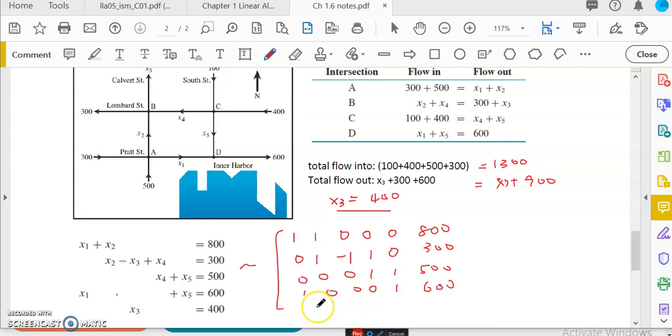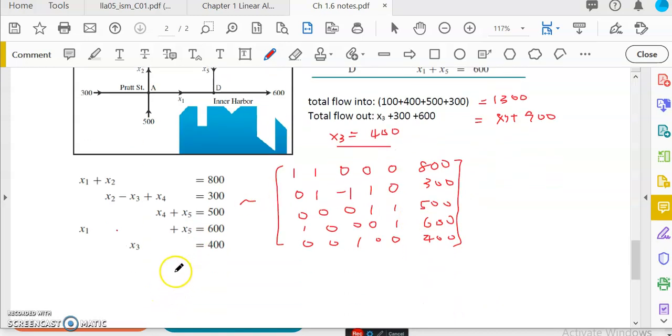And the last one is just x3, right? 0, 0, 1, 0, 0, 400. Can you rule out x3? No, you should not rule out x3. Some people would put in x3 and then simplify it, but I think it's not necessary.